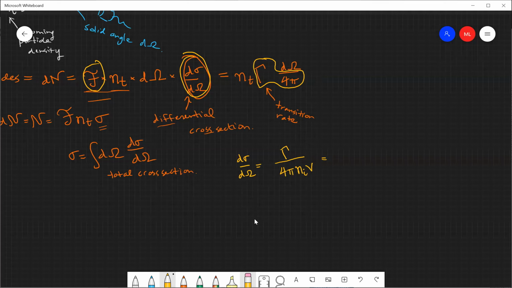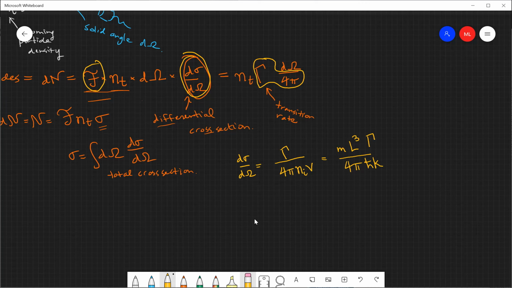We're going to assume it's a dilute beam of particles that's coming in, so there's one particle per box of size L. So the density is going to be 1 over L cubed. So the n just becomes 1 over L cubed. And the speed we can write as the momentum, which is h bar k, divided by m. And this is all multiplied by gamma, the transition rate.